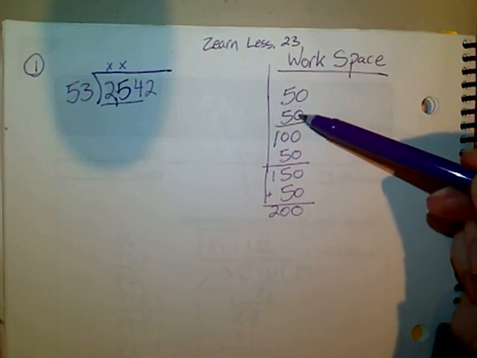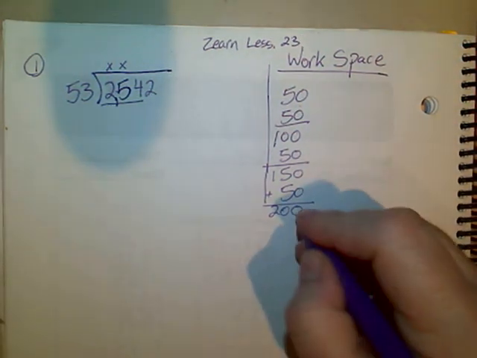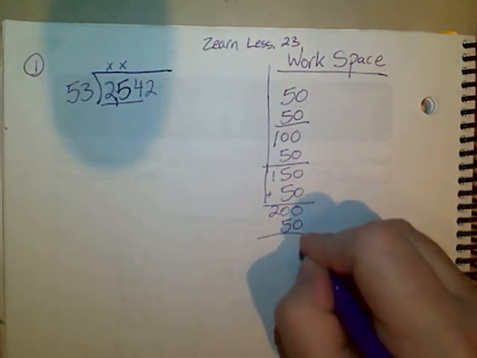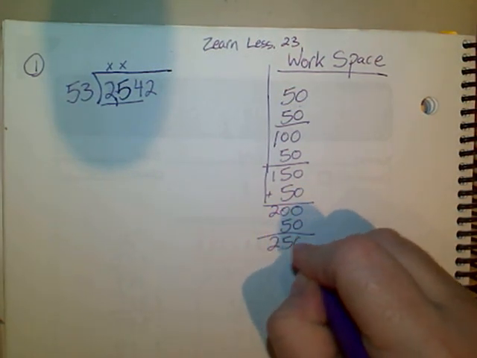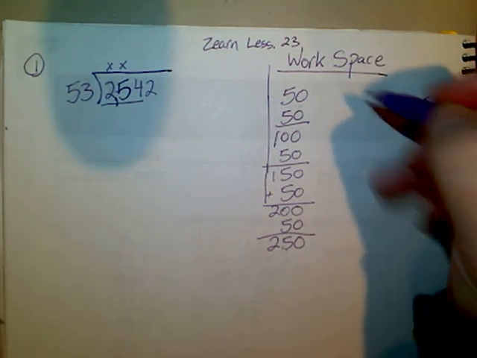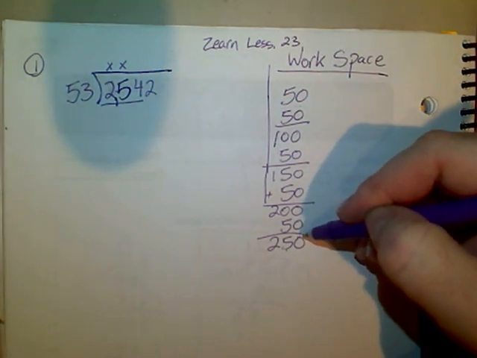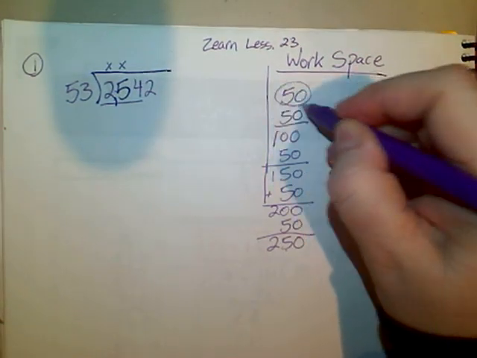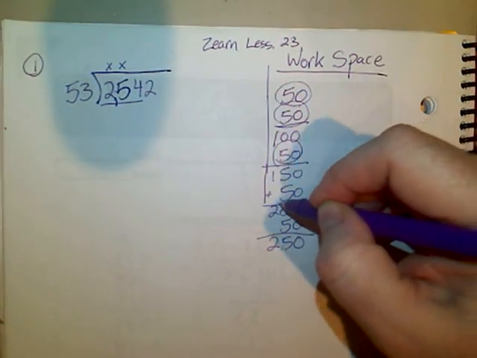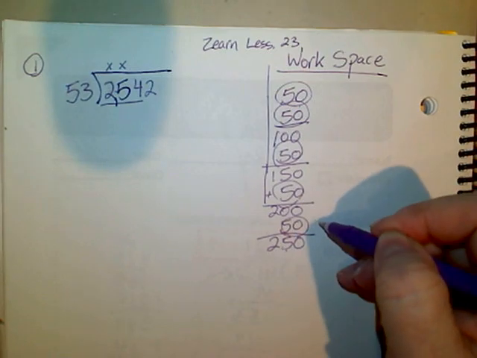So far we have 1, 2, 3, 4, and another group of 50 only gets us to 250. So I would say to myself, how many 50s can I get out of 254? 1, 2, 3, 4, 5.